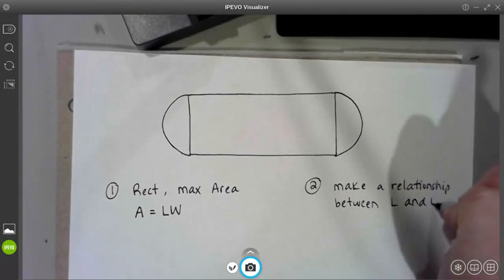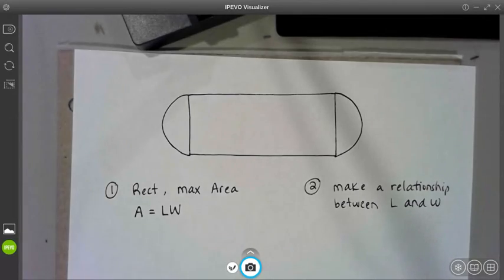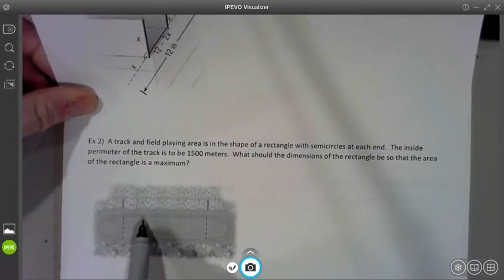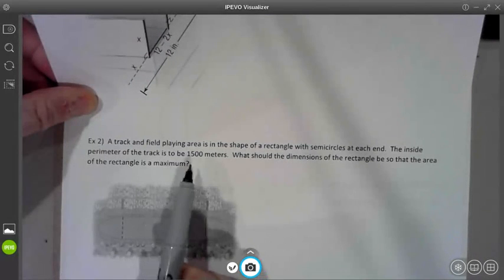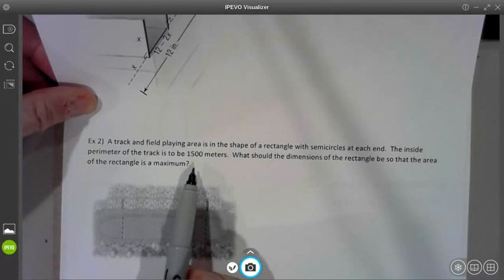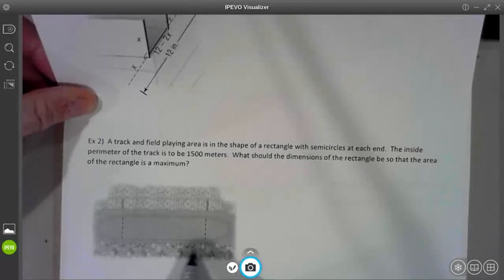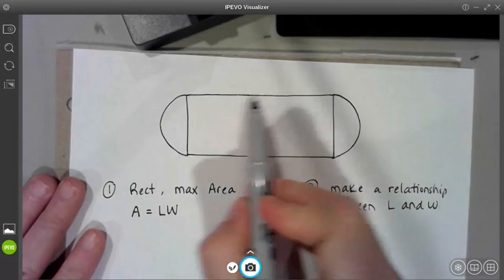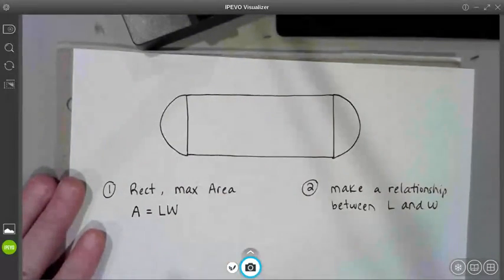Okay, let's see what we're playing with. Basically the only thing they told us to go off of is that the perimeter of the inside of this track all the way around is 1,500 meters. So you've got to think about, well, how would they have found the perimeter of the inside of the track? Well, perimeter just means you're adding up all the sides, right? So what would you have been adding up to find the perimeter of this track?